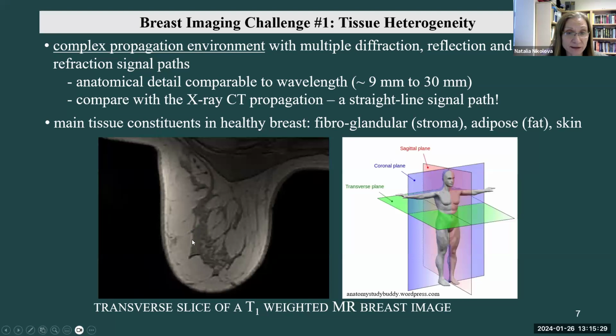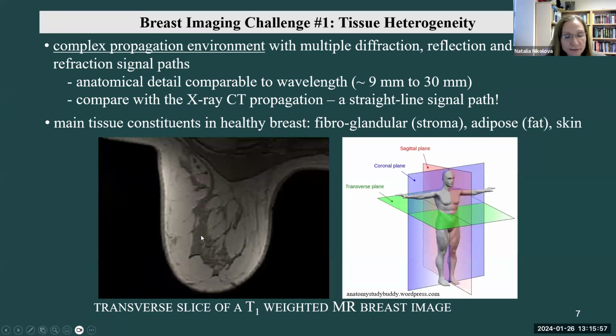And this is the size of the little tissue inclusions that we see, say, in high resolution MR images. This propagation is far more complicated than the case of X-rays, where the computed tomography propagation model is a straight line.